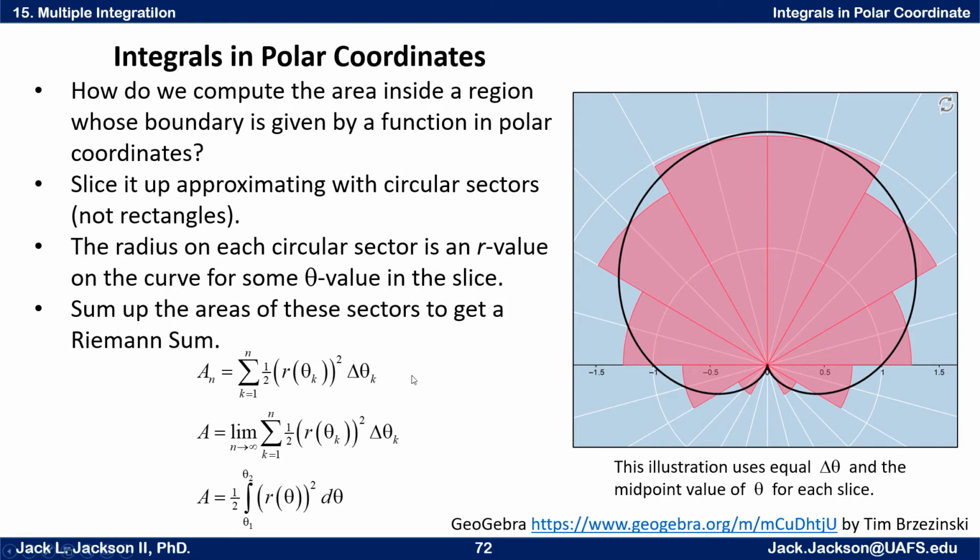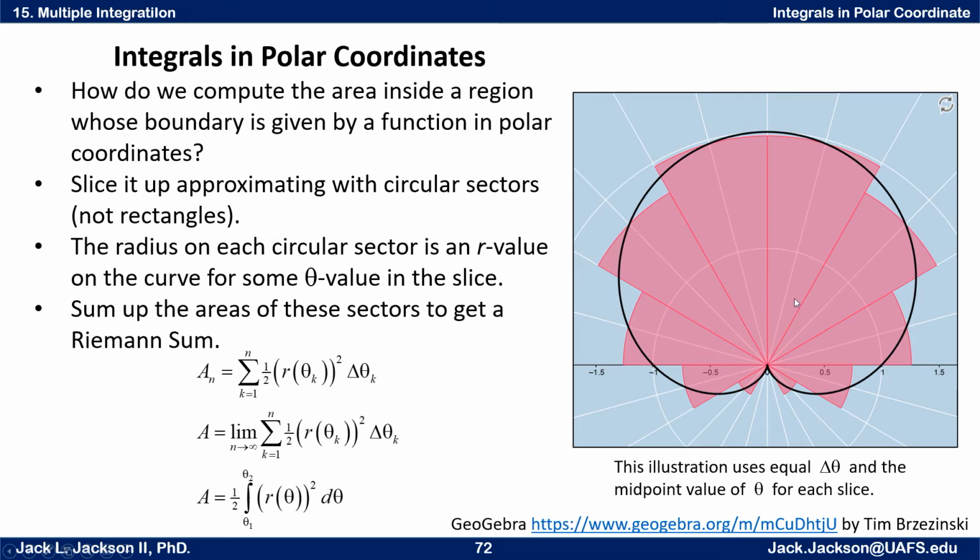Now, what are our restrictions here? Well, the delta theta is the central angle of each kth slice, and the r of theta sub k is an r of some theta between the two sides of the slice. So we have a theta 1 here and a theta 2 here. In between those, say an alpha and a beta here.